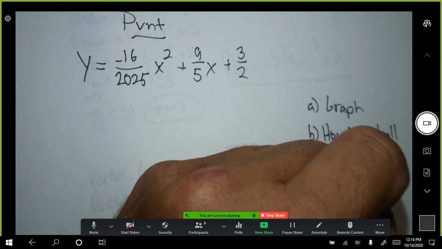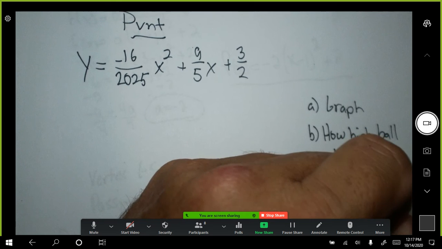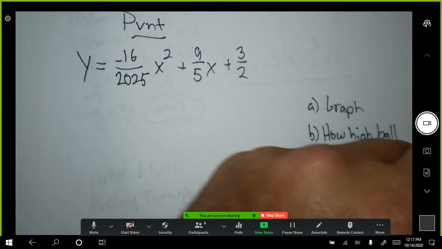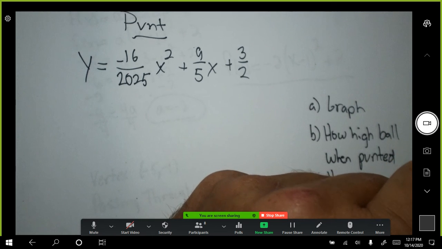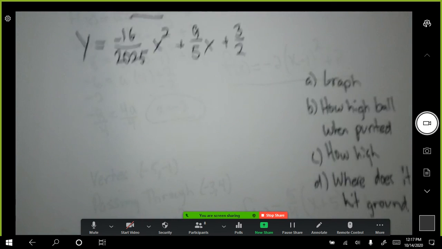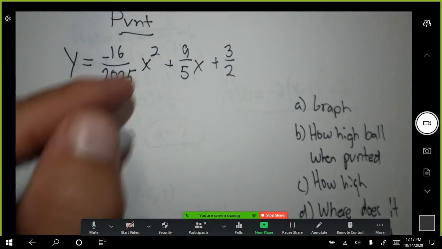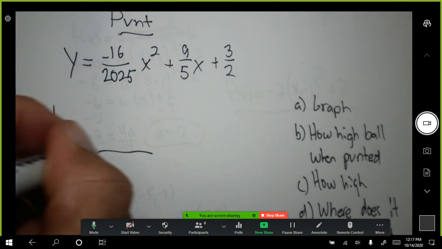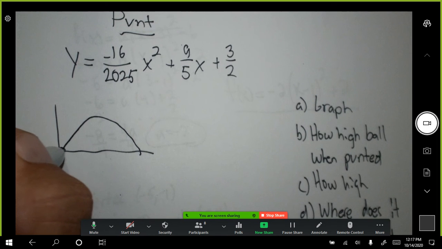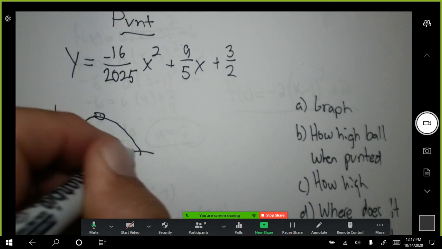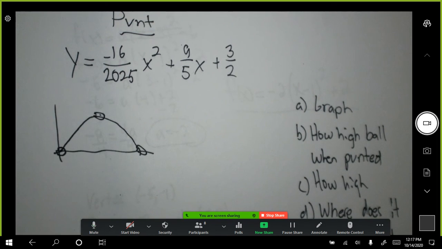And D, where does it hit the ground? All right. So if we were looking at the graph of the punt, they want to know this value, they want to know this maximum, and they want to know this value.